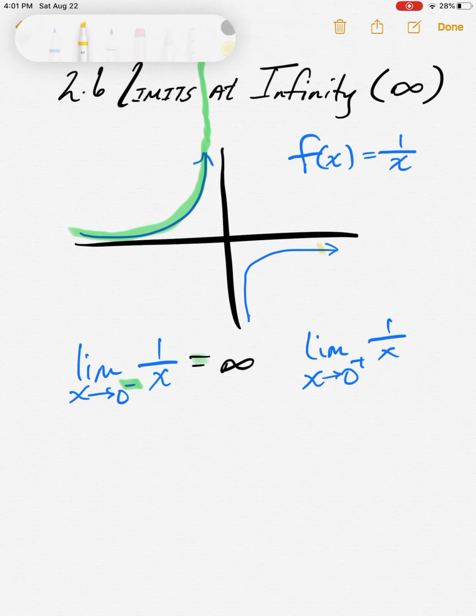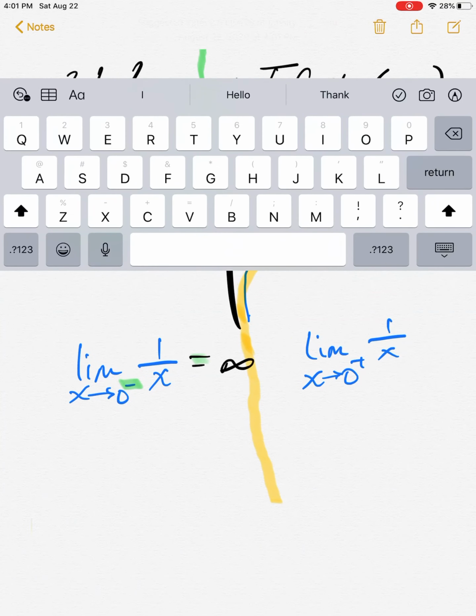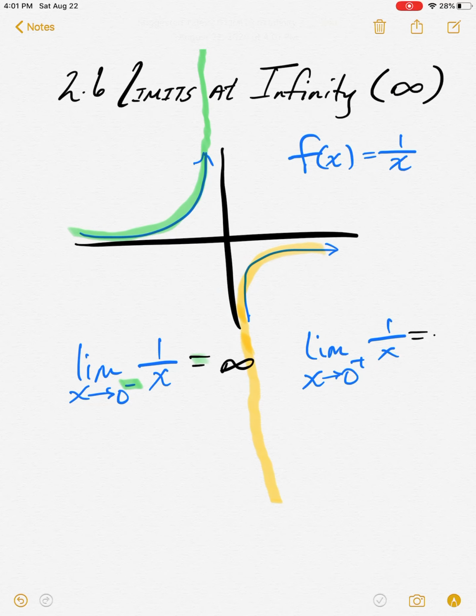Take our highlighter, coming from the right, hop on the function, go towards 0. And what's going on? It's not going to stop. So that means that coming from the right, the function is approaching negative infinity. So a function can approach positive or negative infinity.